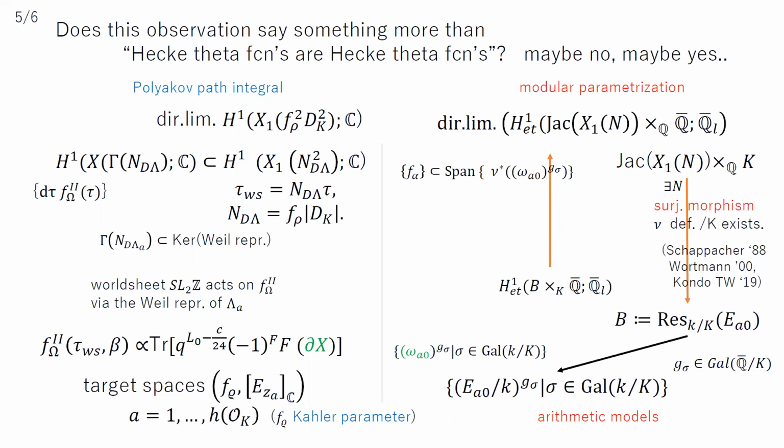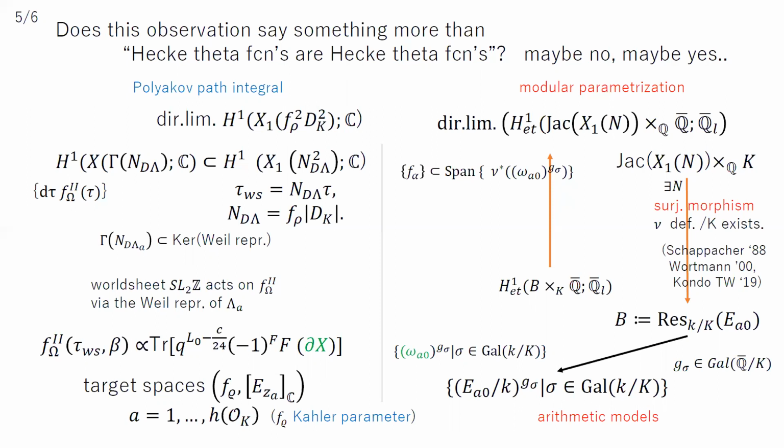So let me go back to the arithmetic side. I said earlier that the modular forms corresponding to the Galois representation is a Hecke theta function. But there is one more characterization in the context of the theory of modular parameterizations. The idea is that the one forms are regarded as an object, one form on the modular curves or one form on the Jacobian of the modular curves.